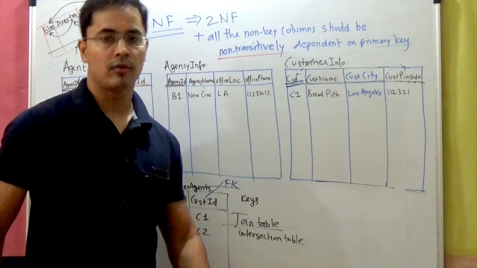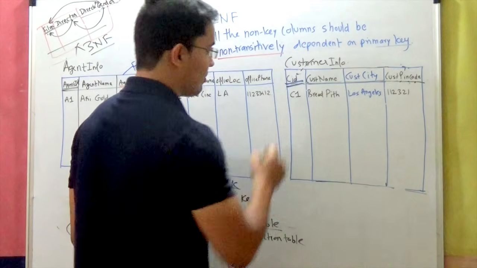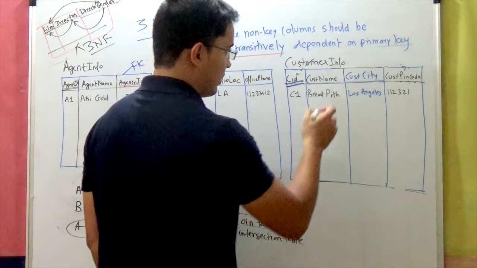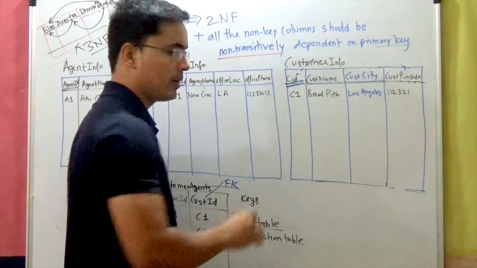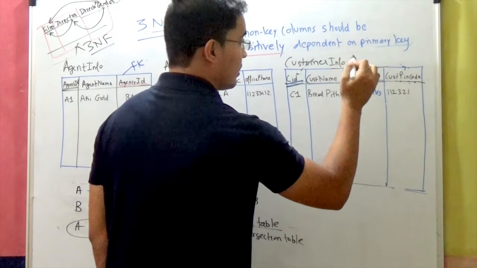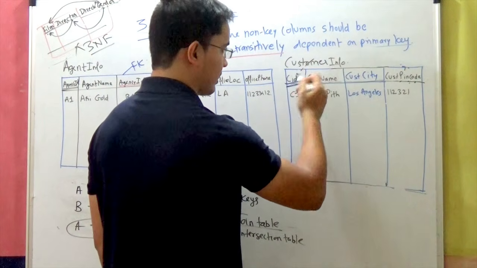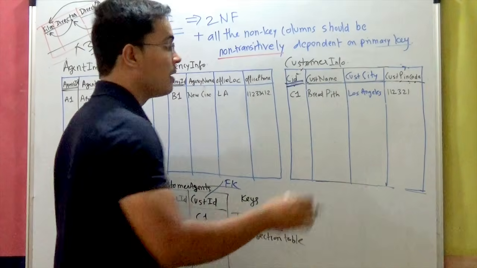this customer info table is violating that rule. How? We have the primary key as customer ID. Customer name describes the customer, which is uniquely identified by this primary key. Hence, customer name depends on the primary key. Customer city, the same. It describes the customer. It directly depends on the primary key.